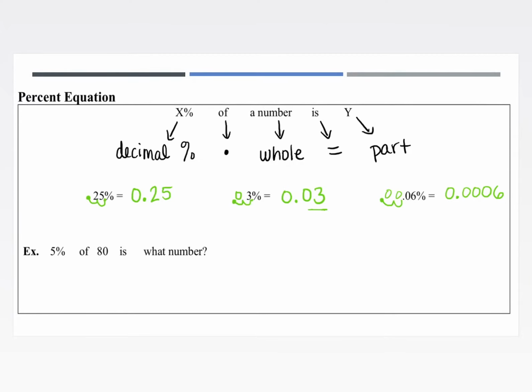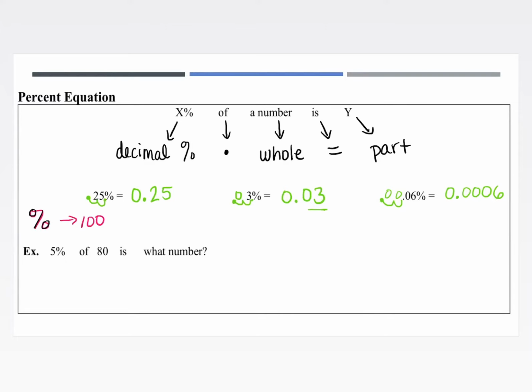Now, if we want to deal with these in fraction form, because we just dealt with proportions in topic 5, a percent means out of 100. And we can actually look at the percent symbol: we have a 0, a 1, and a 0.